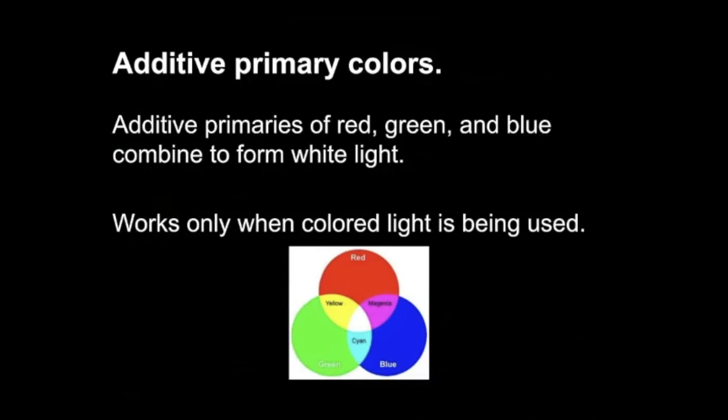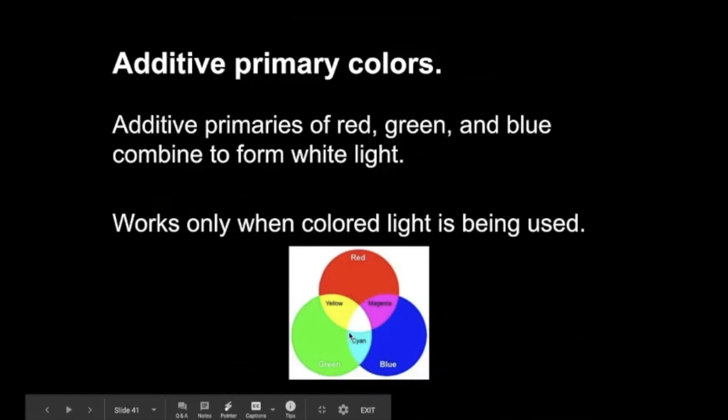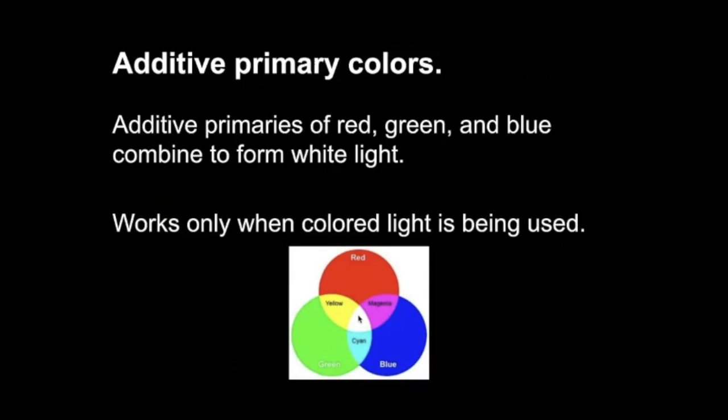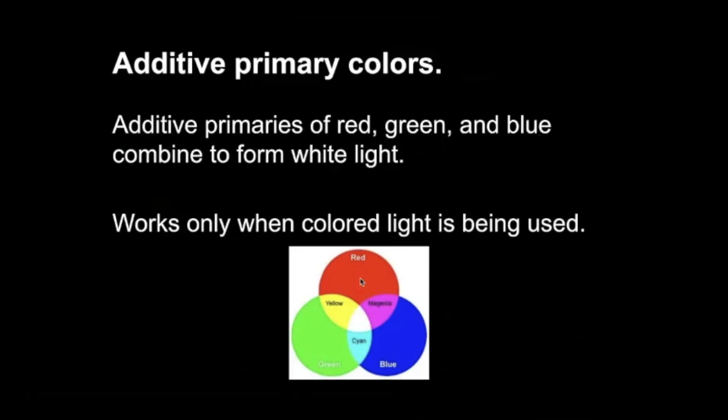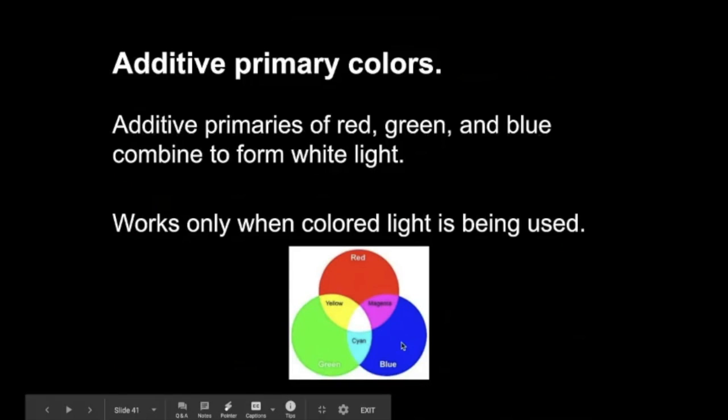And we combine those colors in different ways to make the different colors that we see. You can see that when all three colors are mixed together, you get white right here in the center. When red and green mix, you get yellow. When red and blue mix, you get magenta. And when blue and green mix, you get blue-green, also known as cyan.